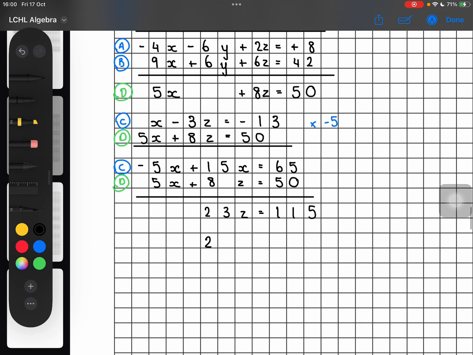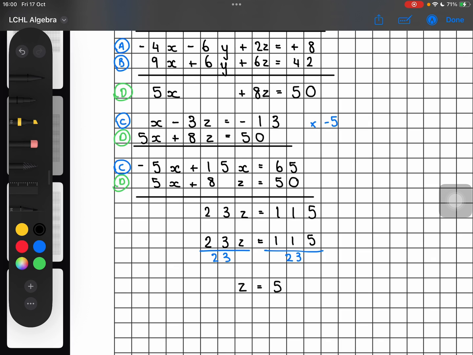I don't want to start really working on that equation because I want the examiner to be able to see what 23z is. So I'm going to write it out again so that I can then show the fact that I'm dividing it by 23, which means I have to divide the other side by 23, and then I'll be left with z by itself, which is going to be 5.